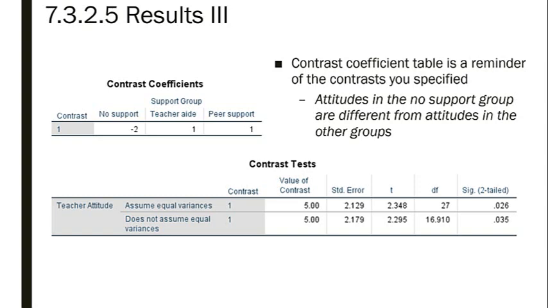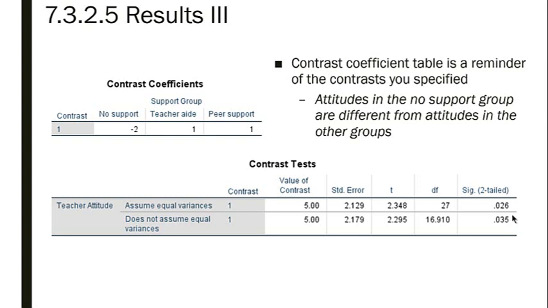So what we're really interested in is the contrast tests, this second table, which has the results of the planned contrast. What we've effectively done is divided our 3 groups into 2 groups, so we're combining the teacher aid group and the peer support group.